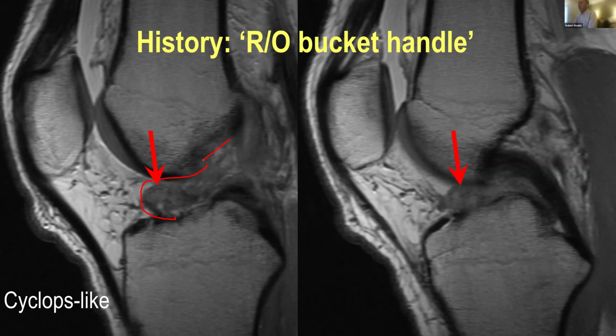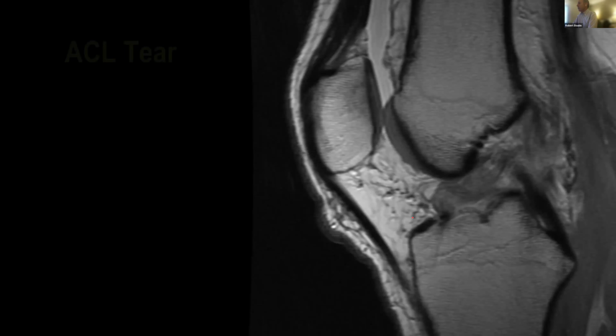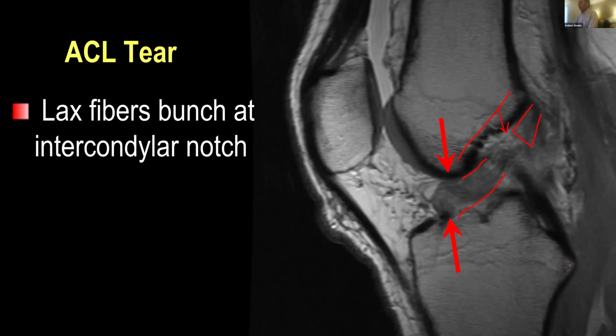The ACL here is discontinuous, and so these fibers are really lax. We're seeing part of the stump proximally. So here on the adjacent cut, you can see these lax fibers. They look edematous. They look lax compared to that slope of Blumensaat's line. Here are the proximal fibers, and right here is where they're discontinuous, proximal third fiber, sort of a characteristic, most common location.